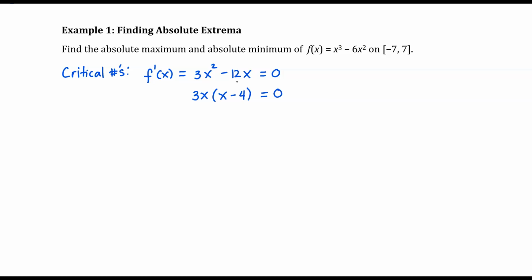The next step is to equate each factor to 0. So you have 3x equal to 0, or x minus 4 equal to 0. That is x equals 0, and x minus 4 equal to 0 gives x equals 4. So these two numbers are the critical numbers.